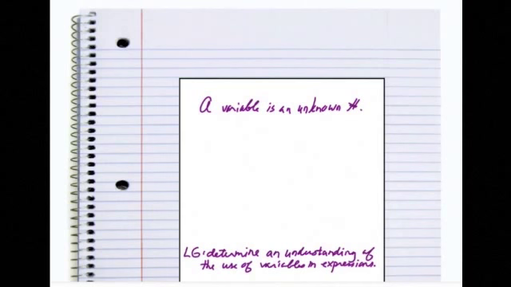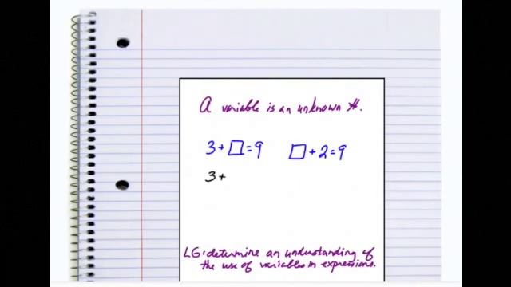Some people may have seen expressions written with a box in them, like 3 plus the box equals 9, or a box plus 2 equals 9, right? Well, now that we're in middle school math, those boxes are going to be replaced by a variable.